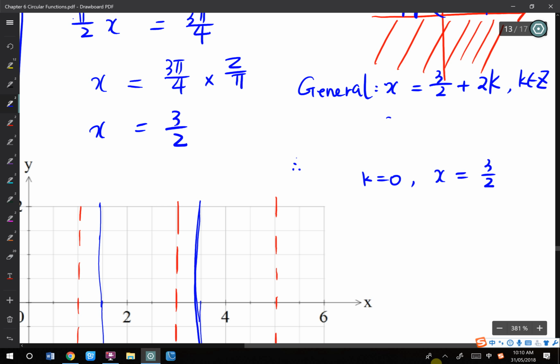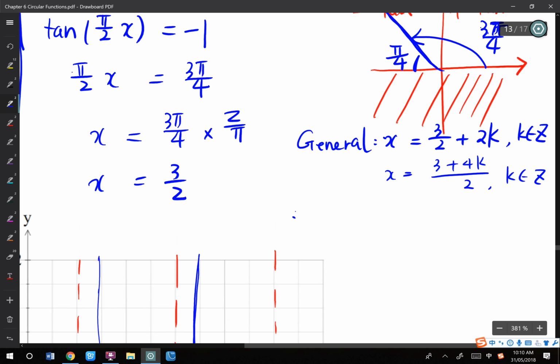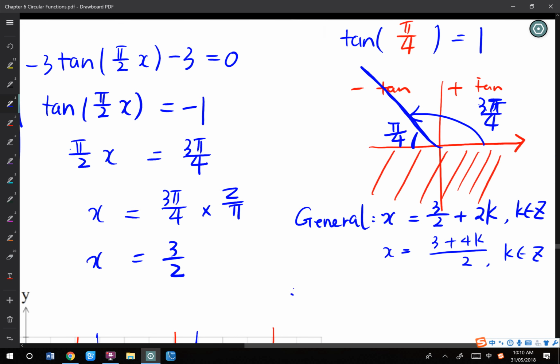But I can make it (3 + 4k)/2, where k belongs to Z, to make the calculation easier.